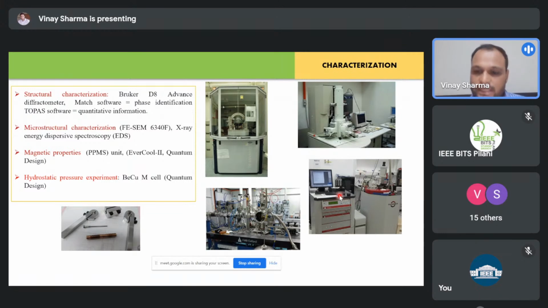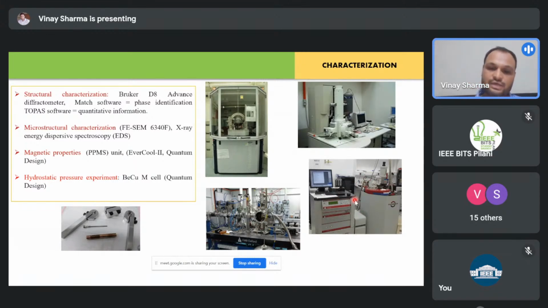In the third one, with this technique we can easily find out the magnetic response of the material, like what is the Curie temperature, is it ferromagnetic, paramagnetic, something like that. Then whether its resistance is good. For example, if you are going to create solar cells, you need to find out the resistance of the material, and that can be recorded from this machine.